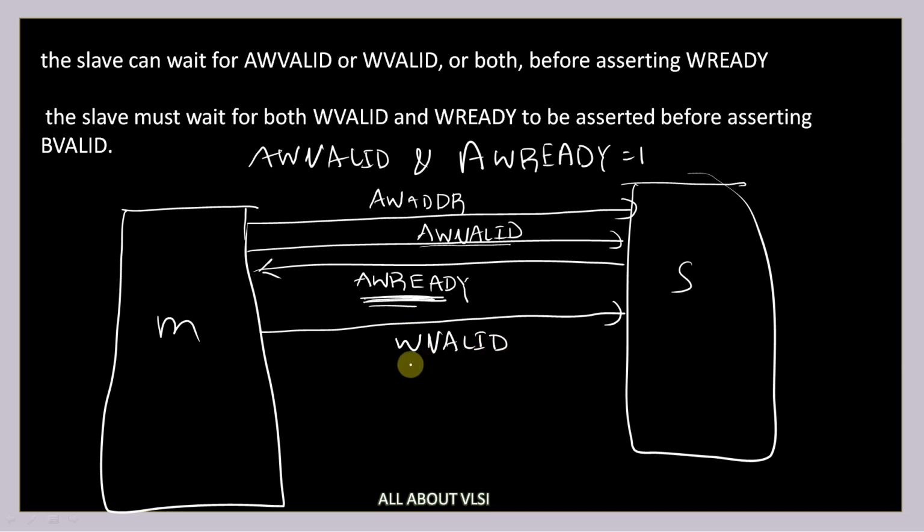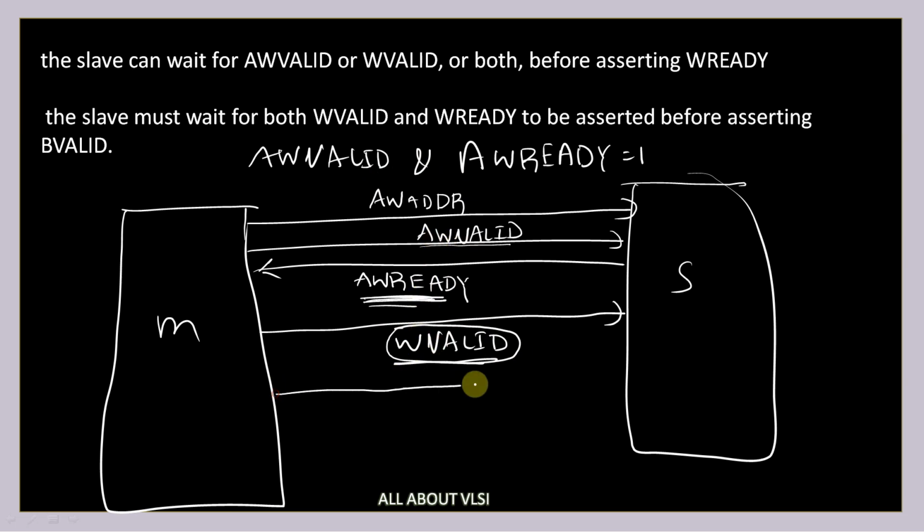This comes under the write data channel. Only if your AW valid and AW ready signals become 1, then only the master is allowed to make this W valid 1. Before completing this transfer, your master is not allowed to make this W valid 1. This is the thing which we need to follow.